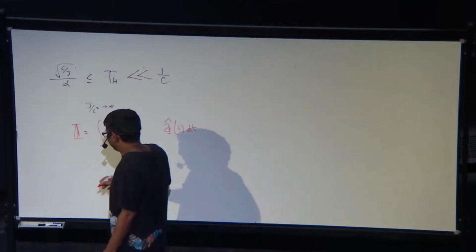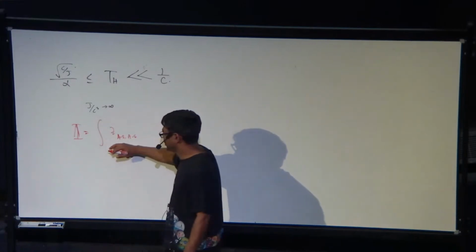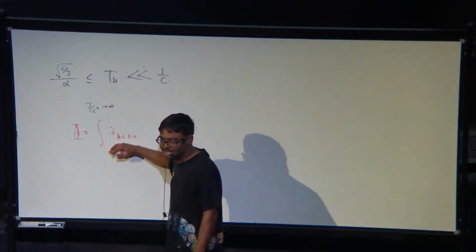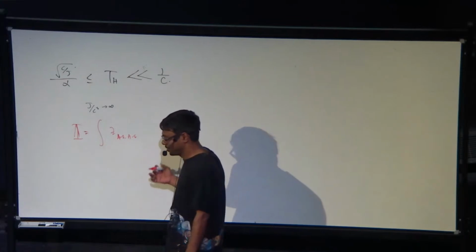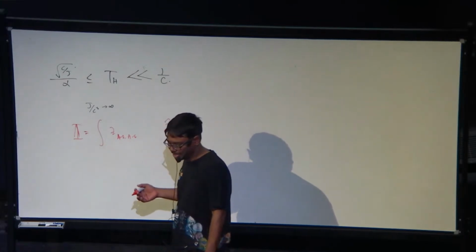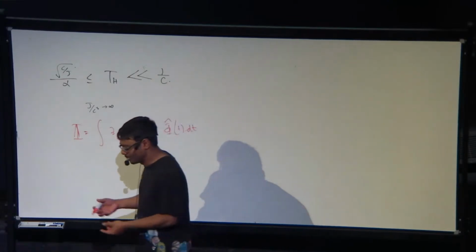And then the idea is that you show that this is the dominant contribution in the direct channel, and in the dual channel you show the dominant contribution comes from the vacuum.